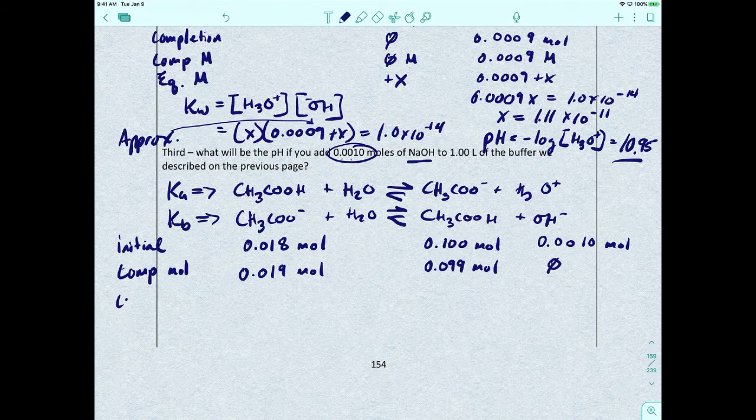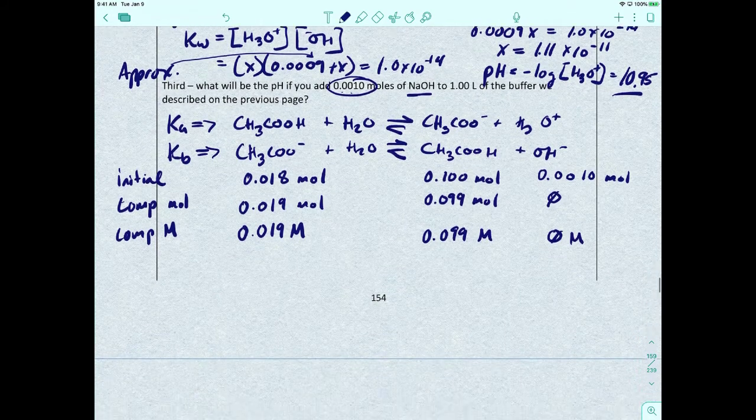So if we have the completion molarity, and everything's 1 liter here, that means the molarity of the acetate ion would be 0.019 molar. The concentration of the acetic acid would be 0.099 molar. And then the concentration of the hydroxide ion would be 0.